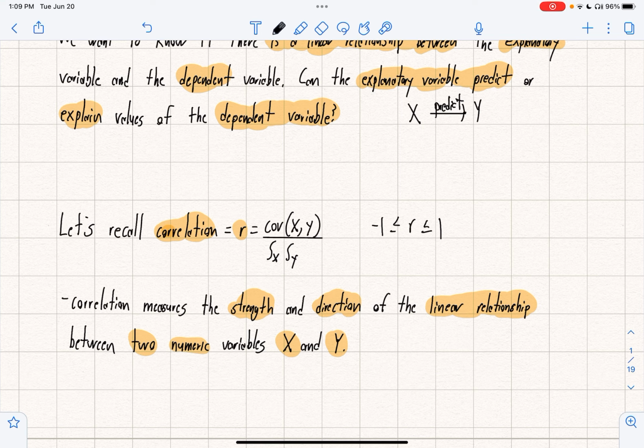Right? A one-to-one relationship means that if x increases by 1, y increases by 1. Whereas a correlation of 0 means there's no relationship between the two variables. So the direction, if it's negative, they move in opposite directions. And if it's positive, they move in the same direction. So if you need to brush up on that, recall that this is from chapter 3, correlation.